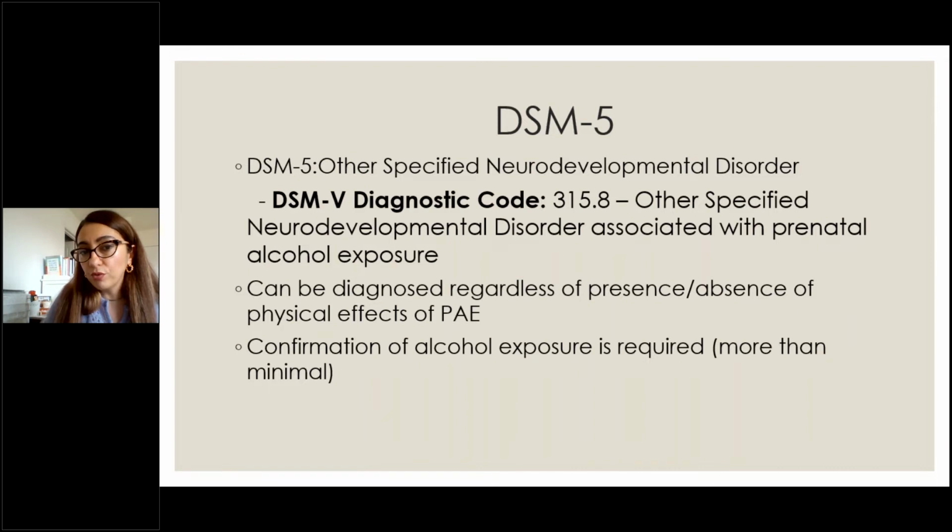If they show both of those, I still use this code. Then in my summary, I indicate that the client shows impairments in the following domains, but also has been documented to have facial features as indicated by this doctor's report, and I add that report to my summary. Therefore, the child presents with fetal alcohol syndrome.